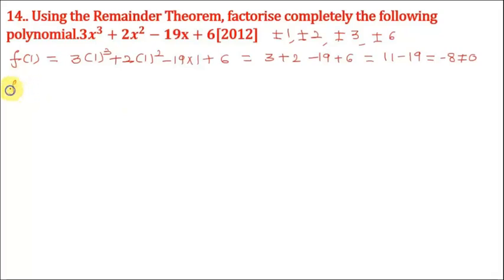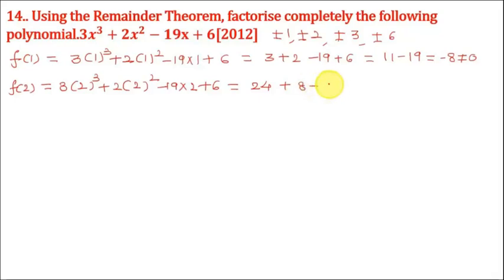Now we'll check whether f of 2 is 0. Therefore again 3 into 2 cube plus 2 into 2 square minus 19 into 2 plus 6. 2 cube means 8, 8 into 3 is 24. 2 square is 4, 4 into 2 is 8.